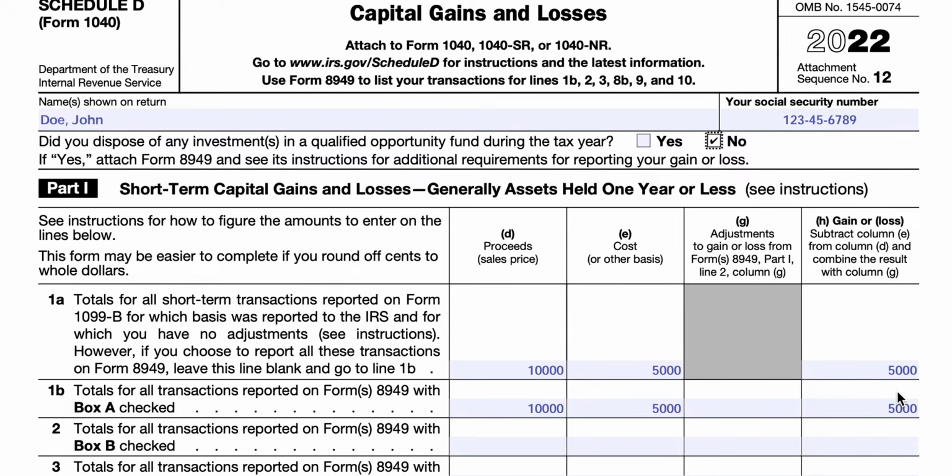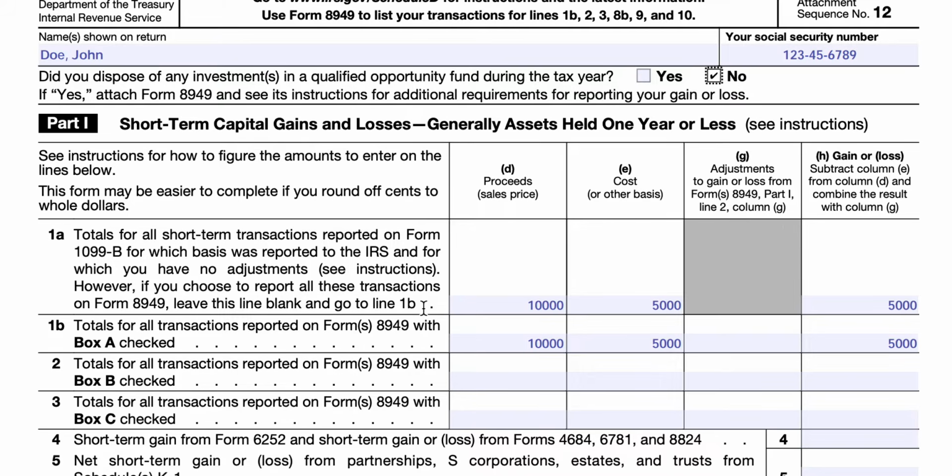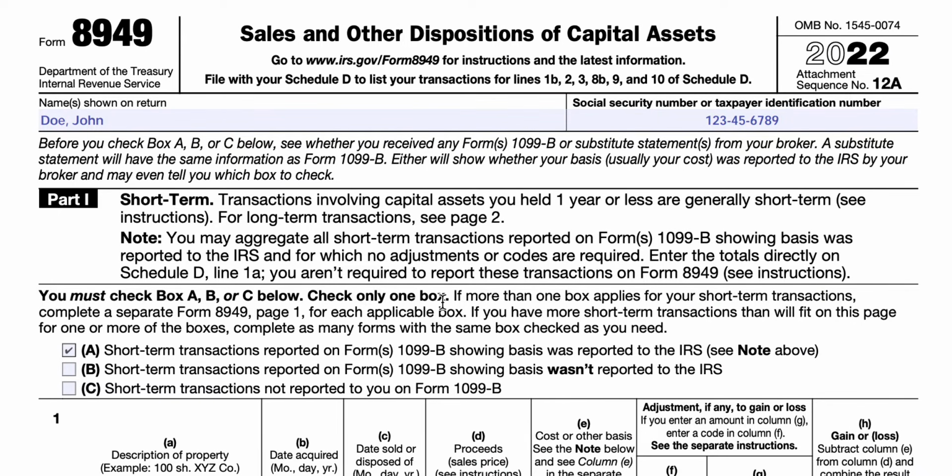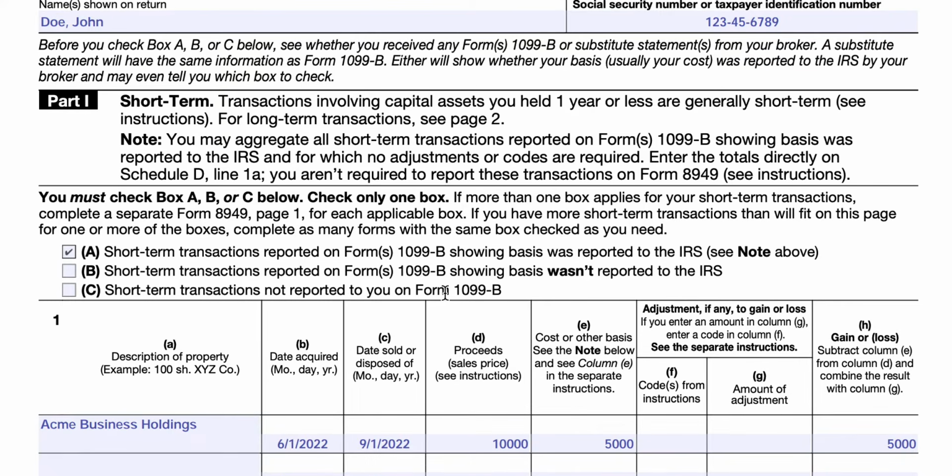Some taxpayers, either because they can or because they need to in certain circumstances, might file what's known as IRS Form 8949. If you do, then you would enter those transactions on lines 1B, 2, and 3. We'll get to that momentarily.